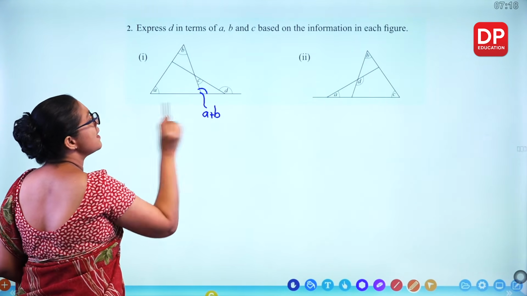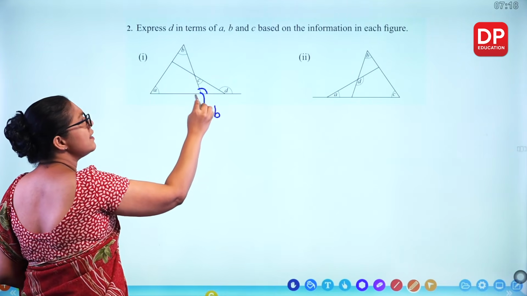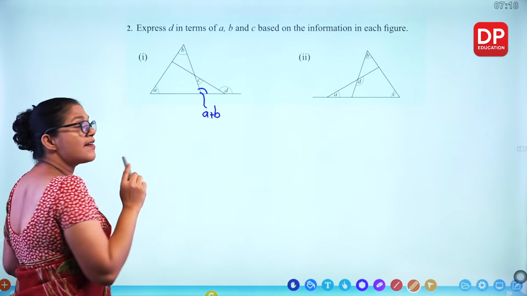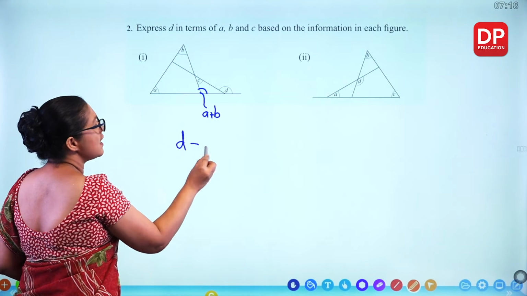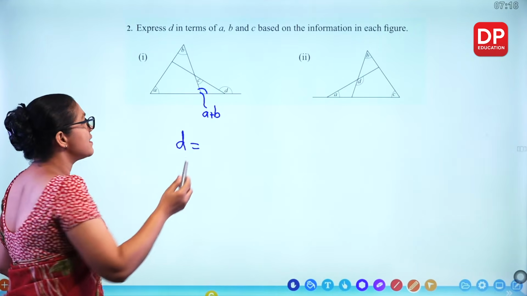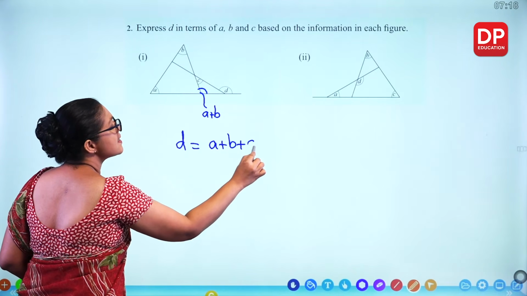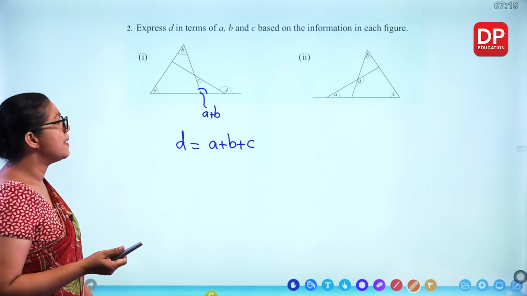I can write this one as A plus B. Then think about the small triangle. This is A plus B, this is C, and this is the exterior angle. So how can we write down D? D is equal to the sum of opposite interior angles, so we can write A plus B plus C. So D is equal to A plus B plus C.